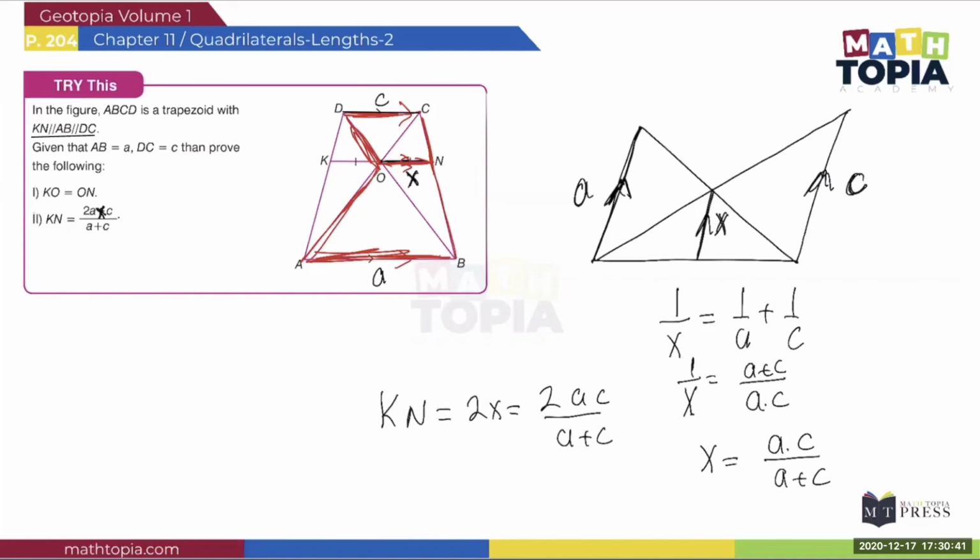And the way that we show that KO is equal to ON is we have these two triangles as well. Using the theorem again on KO this time, we get that this is also x. So KO is equal to ON. Not only that, but KN is equal to 2 times a times c over a plus c. Thank you for completing that part as well. KO equals ON as well.